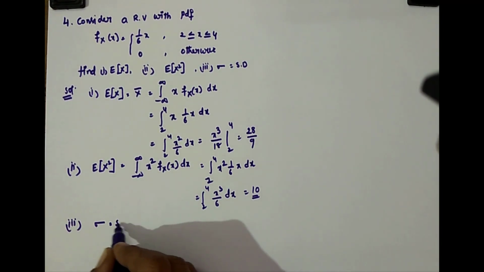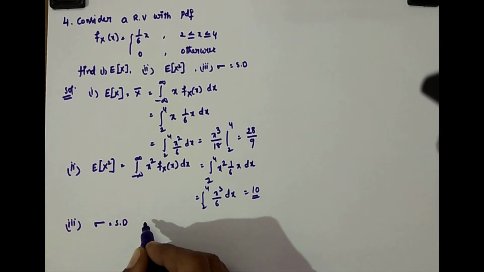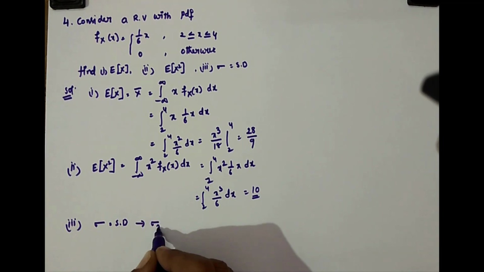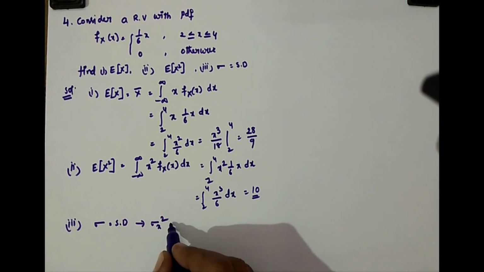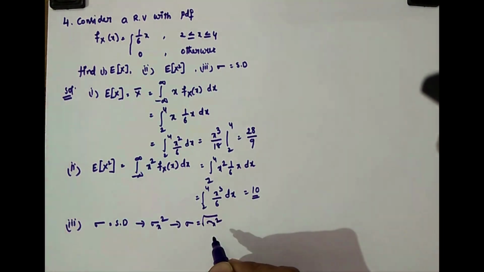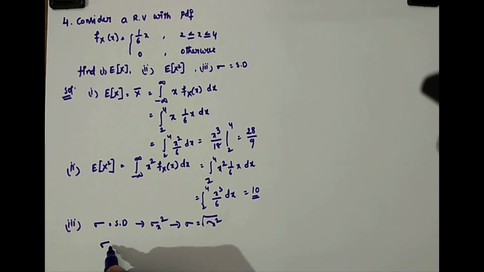Then the third one, sigma, means the standard deviation. To find the standard deviation, first you have to find the variance, sigma x square. After this, to find sigma, simply take the square root of sigma x square. Then how to find sigma x square or variance of x?